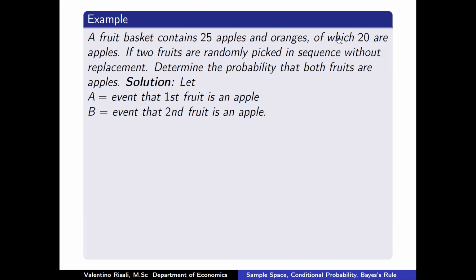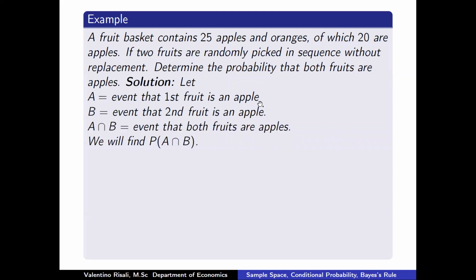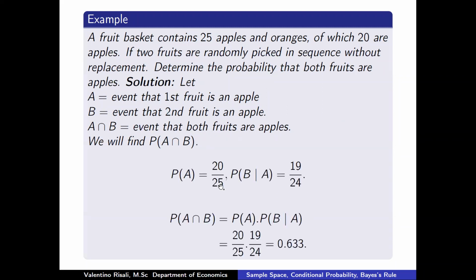Because our event is both of them are apples, it is similar to finding the probability of A intersection B. From the fourth property, this probability is equal to P(A) times this probability. P(A) is 20 divided by 25. In the box, there are 20 apples and 5 oranges.